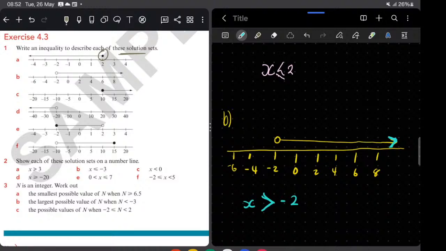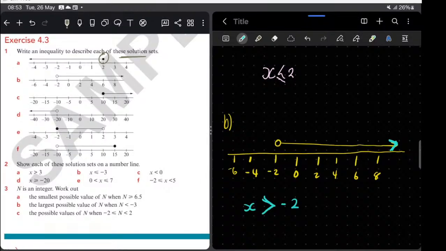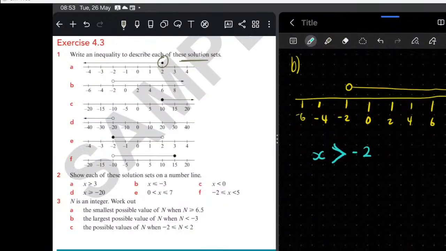I'm continuing. Can you all see? I'm continuing.